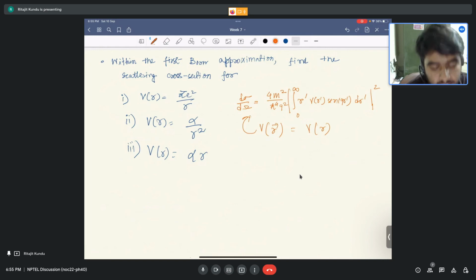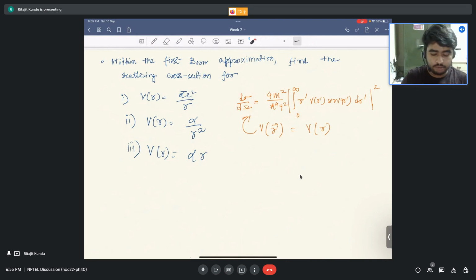It consists of the scattering potential, given by this V function, and the sine qr, which comes from the outgoing waves matrix elements. This is the integration we have to do to find the scattering cross section.